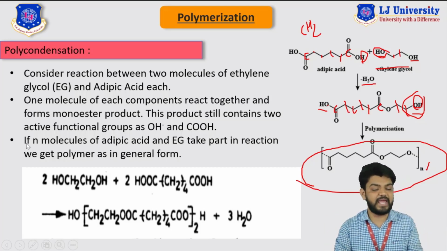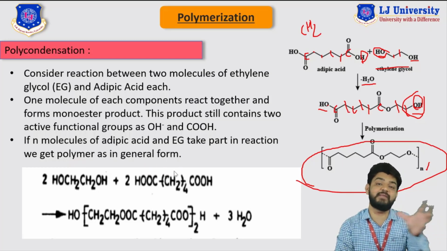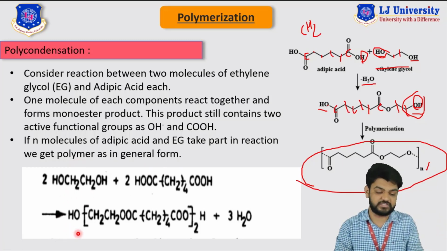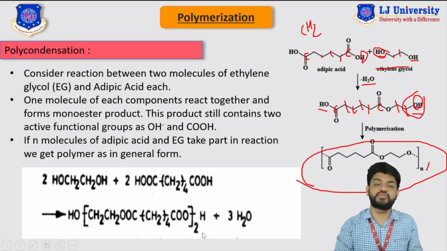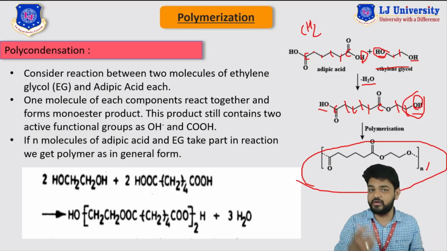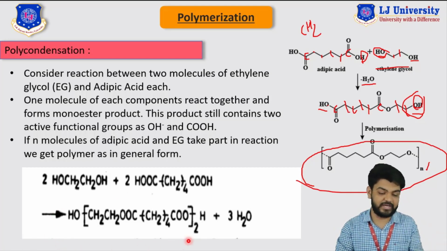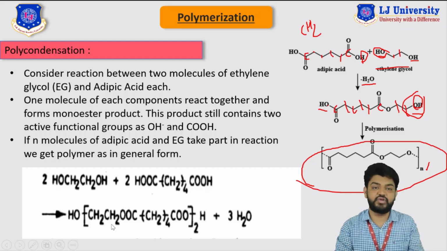So if N molecules of adipic acid and ethylene glycol take part in this polymerization reaction, we will get the polymer which can be represented in general like this, right? So if we have taken N number of reactants, that is adipic acid and ethylene glycol, we will have a long chain of the polymer like this. Here you can see this is the particular monomer of the ethylene glycol which has CH2CH2.